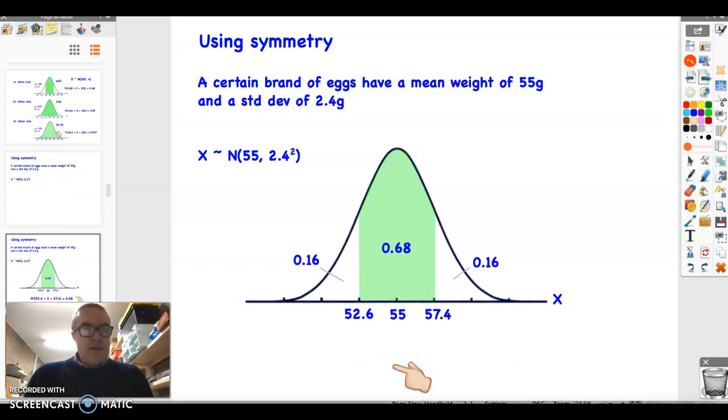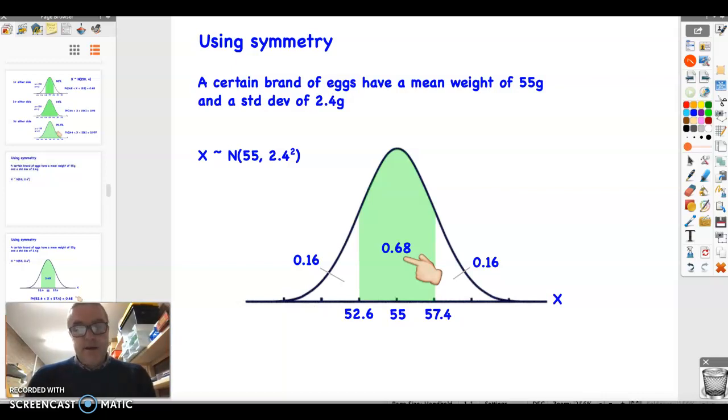Now, because we're looking at an area situated on both sides of the mean, exactly one standard deviation, that means that if 68% of our area is between the boundaries and it's a probability density function with an area of 1, that means that 32% lies outside of those two boundaries.